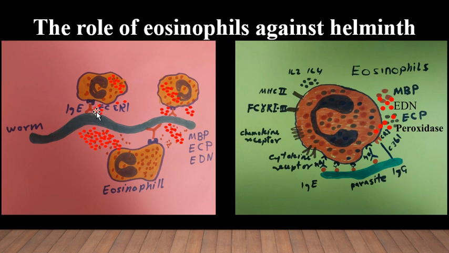This interaction will lead to production of major basic protein by the eosinophils, and also eosinophils produce eosinophil cationic protein and eosinophil derived neurotoxin, which is toxic to the worm. So by this way, they can kill the worms.